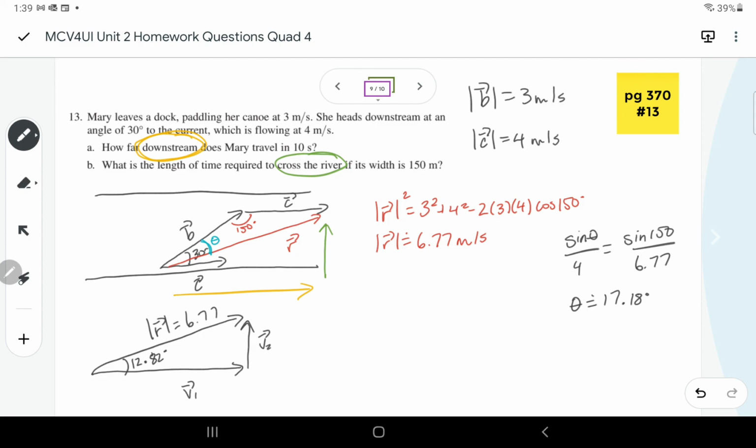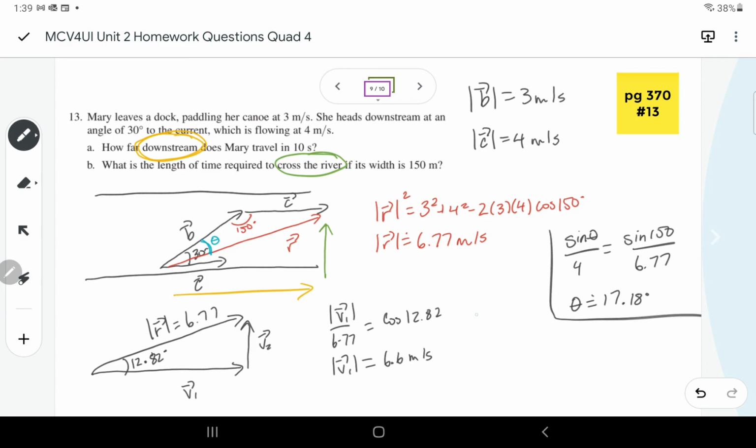So from here, I'm going to figure out the magnitude of V1, because V1 over 6.77 is cos of 12.82. And that gets me that I'm going 6.6 meters per second downstream.